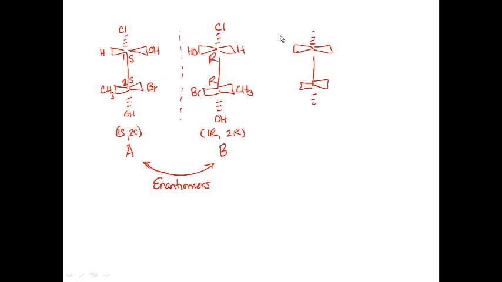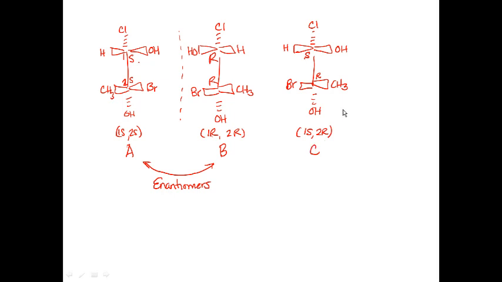How about I write the configuration? I'll put the top carbon in the S configuration like it was over here in A, but I'll put the bottom carbon in the R configuration. So now I'm going to write the 1S, 2R configuration.